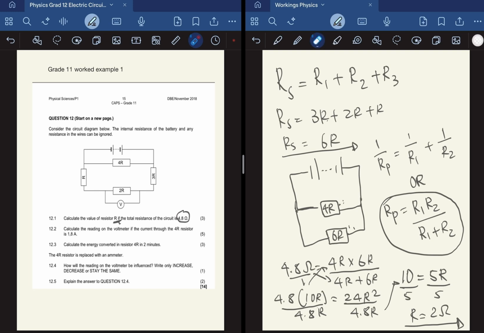We are moving on to 12.2. Let me just erase this.